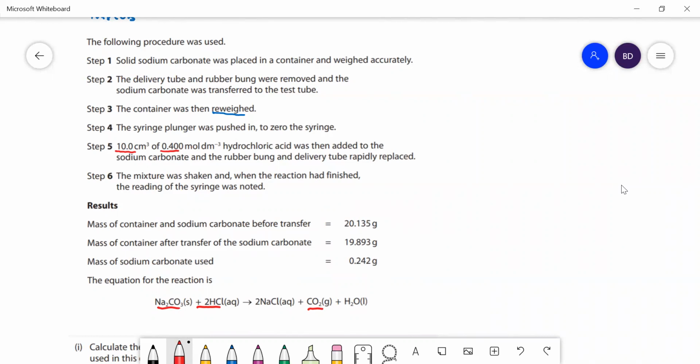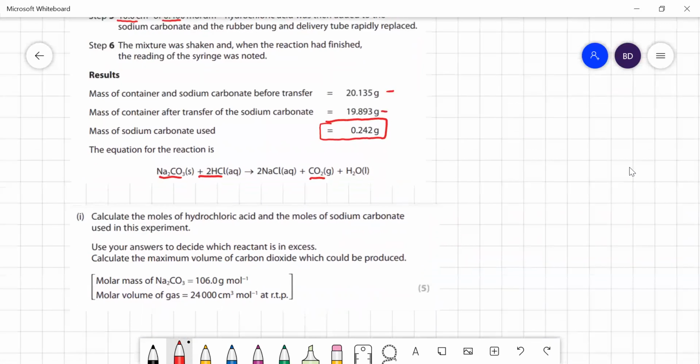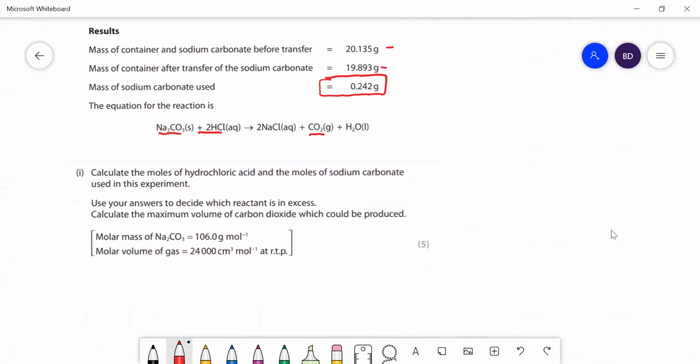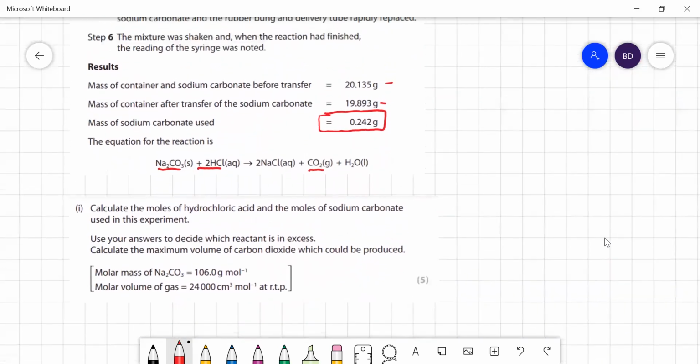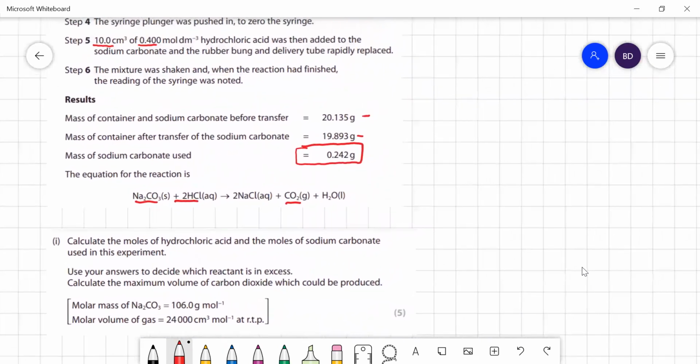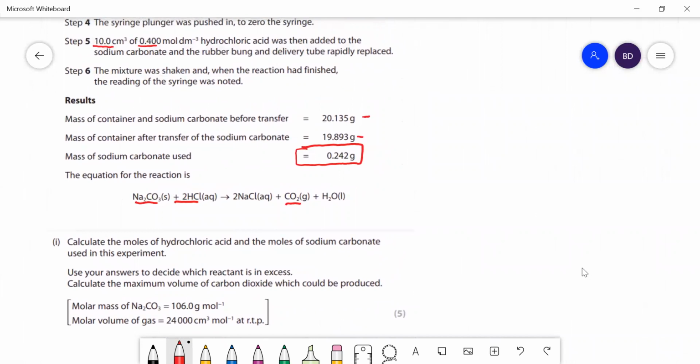So they've done the subtraction for us here. The mass of the sodium carbonate added is that number minus that number, 0.242 grams. First of all, let's calculate the moles of hydrochloric acid and the moles of sodium carbonate. Right, let's do the hydrochloric acid first.